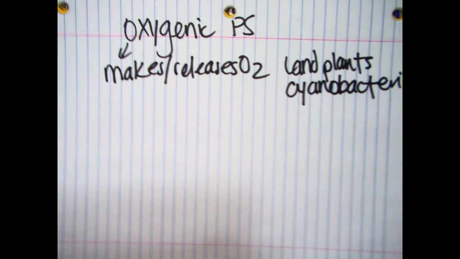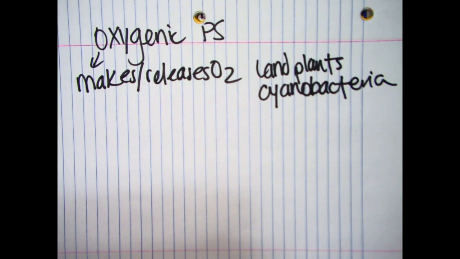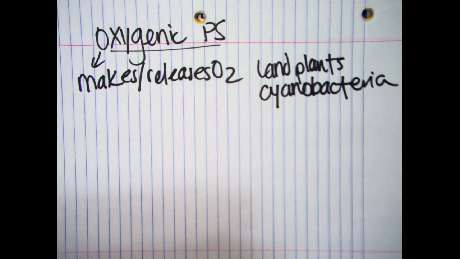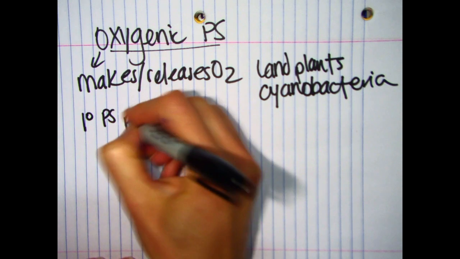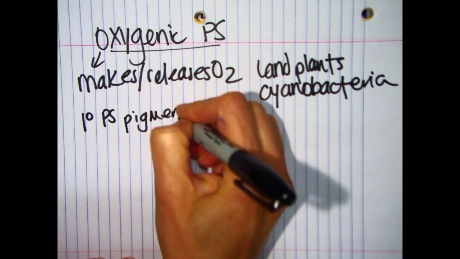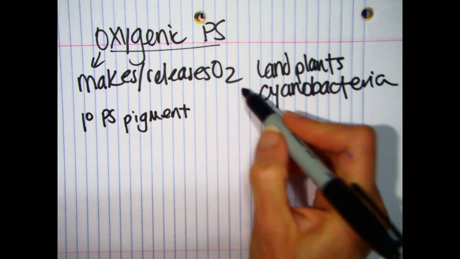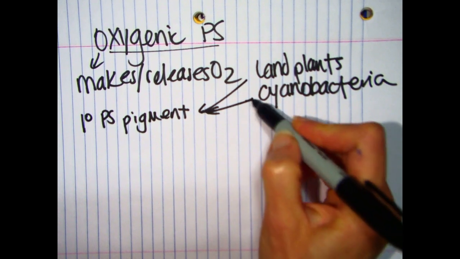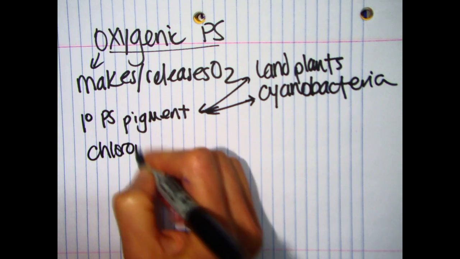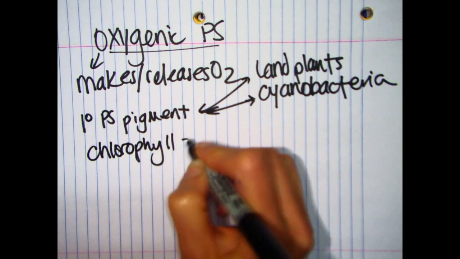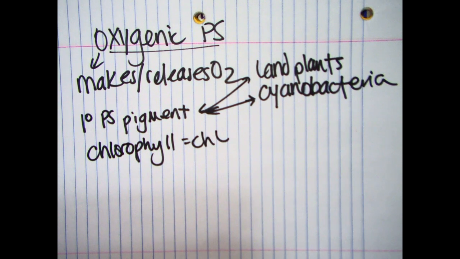So if I say this cell is a cyanobacterium, you should immediately remember that it is doing oxygenic photosynthesis. You should also remember that the primary photosynthetic pigment for oxygenic photosynthesis, and thus the primary pigment for each of these two groups of organisms, is chlorophyll, which we can abbreviate CHL.